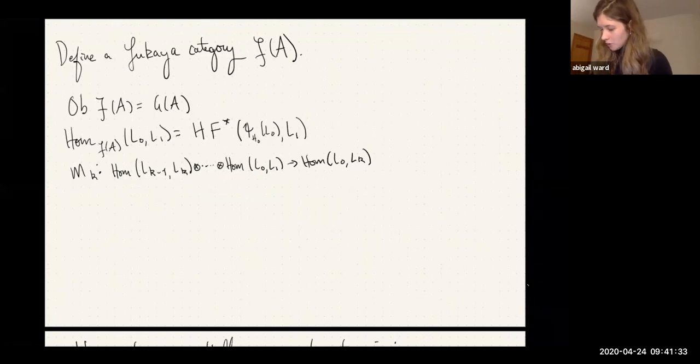So you flow one of your Lagrangians by a Hamiltonian H naught equal to epsilon absolute value of t for absolute value of t going to infinity, and epsilon is less than 1 over m naught, and also less than 1 over m infinity.